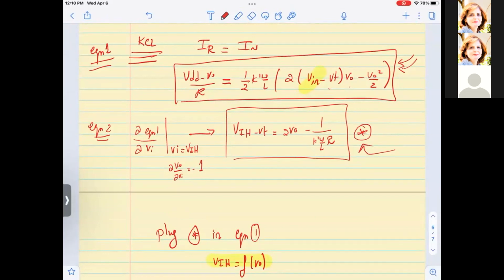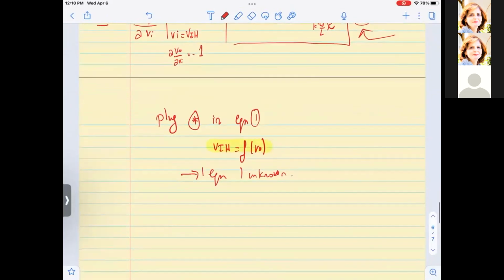Okay, they follow it in the solution in the lecture notes, and they tell us that VIH turns out to equal root 8 VDD over 3K prime W by L times R, plus VT, okay, minus 1 over KR. So if you have K times R, if you have the circuit parameters, K prime W by L times R, in terms of R, W, and VDD, then you can use the equation directly.